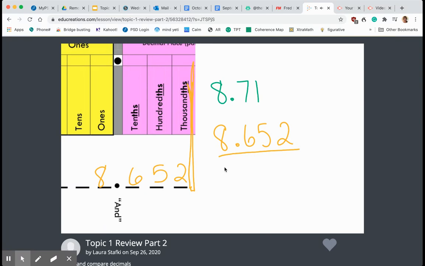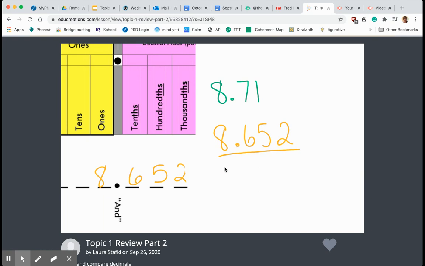Okay, thousandths sounds pretty big, but I want you to recall what a thousandth looks like if you were to visualize it. So if you were to think of this as being a whole thing, this whole thing would have to be cut up into 1,000 pieces, and so it would be an itsy bitsy piece. So thousandths are really small.